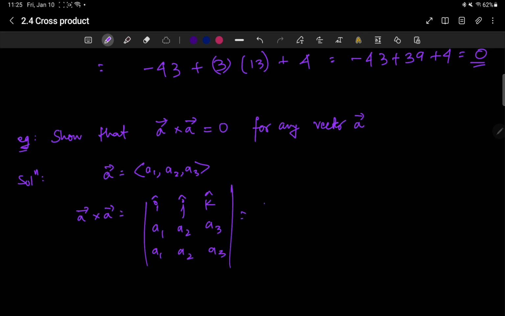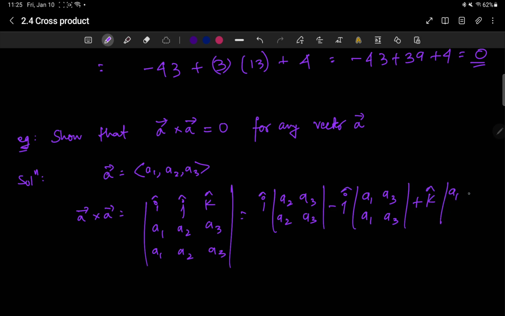So when you break this down into order 2 determinants, you end up with identical structures.